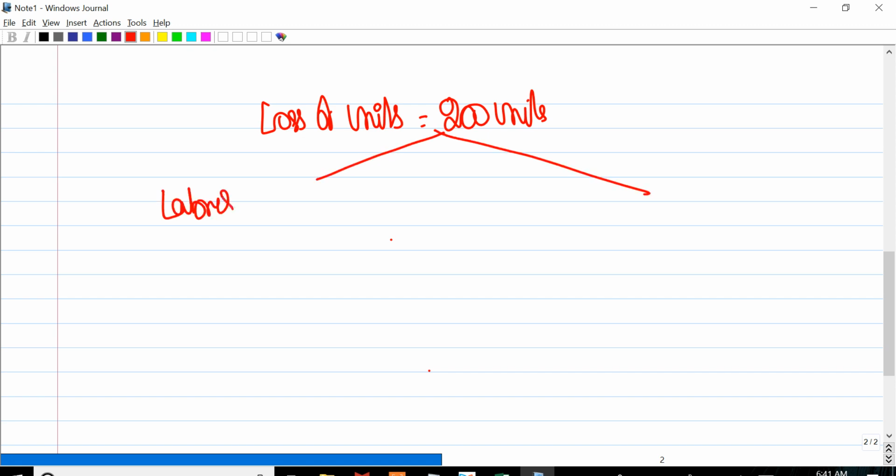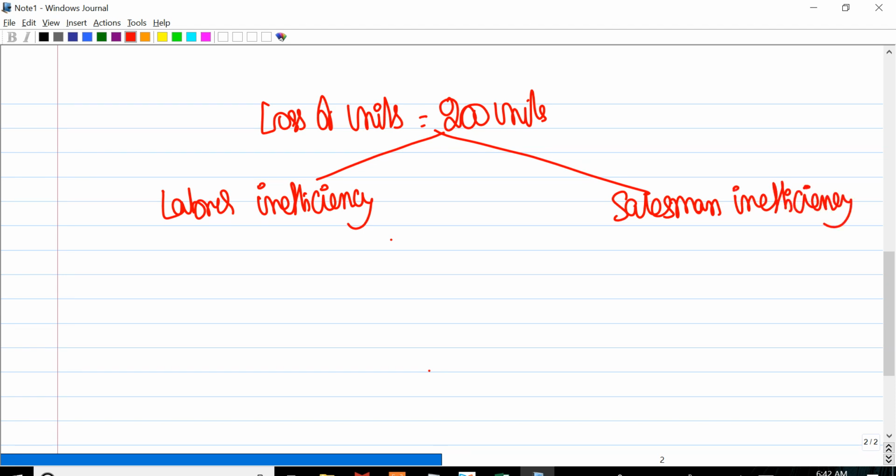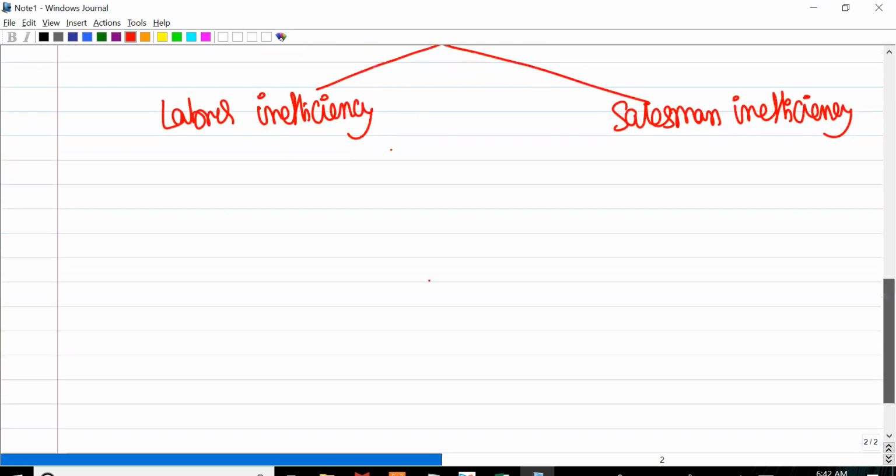Labor inefficiency, salesman inefficiency. Labor inefficiency, arrow mark down.